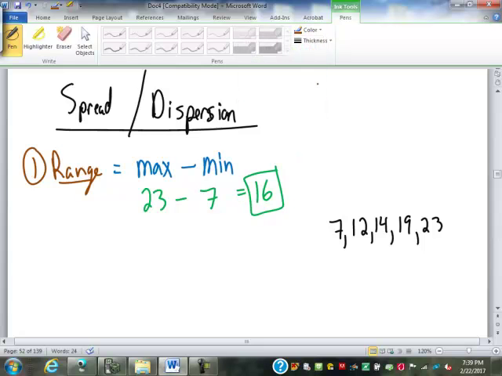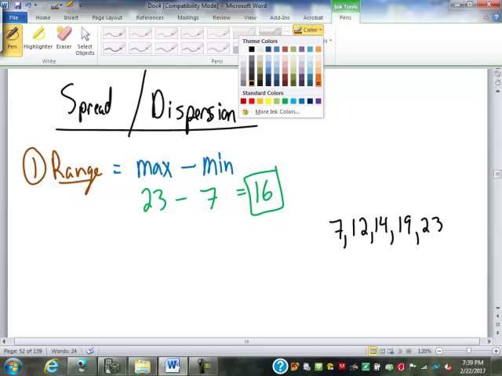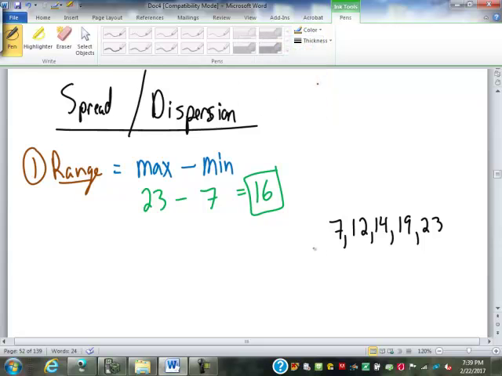Now the problem is, I can create another set of data that looks like this.